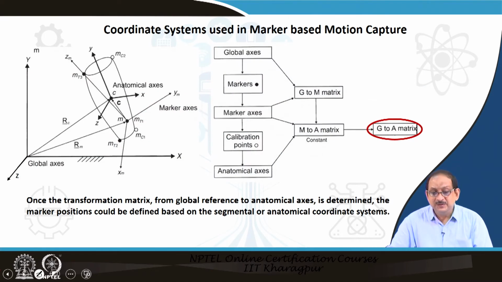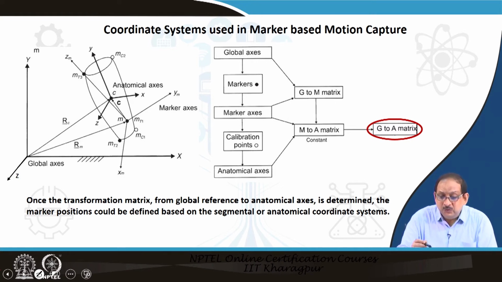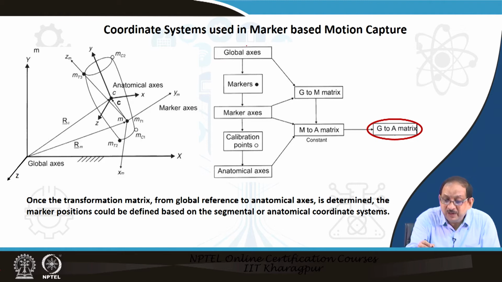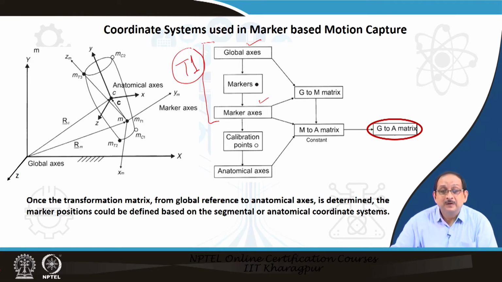Let us summarize the coordinate systems and the transformations required. From the global coordinate system to the marker coordinate system, the first transformation, say T1, is used based on the marker data.